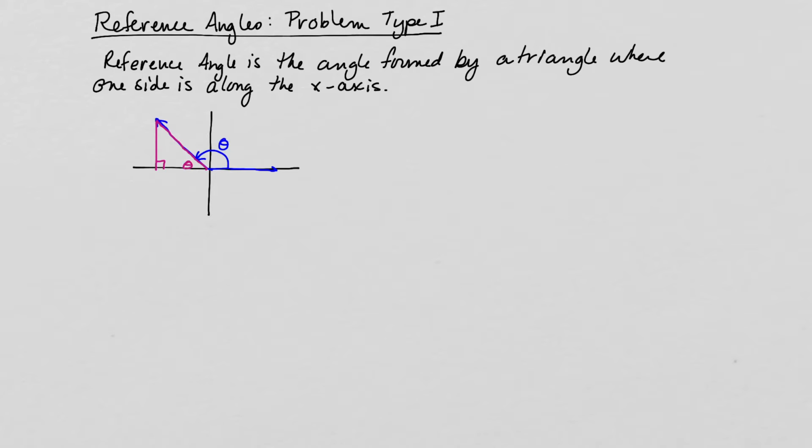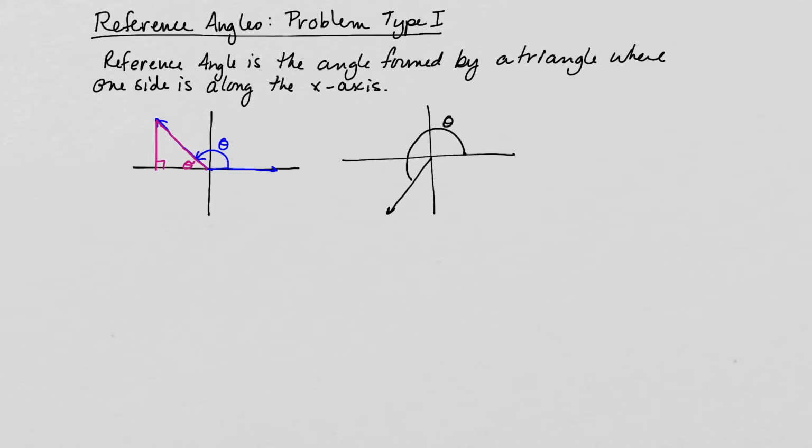And this angle here, which we're going to call theta prime, that's the reference angle. So an angle and the reference angle together are related to each other. And maybe you have an angle that goes like this. So this is your angle theta.